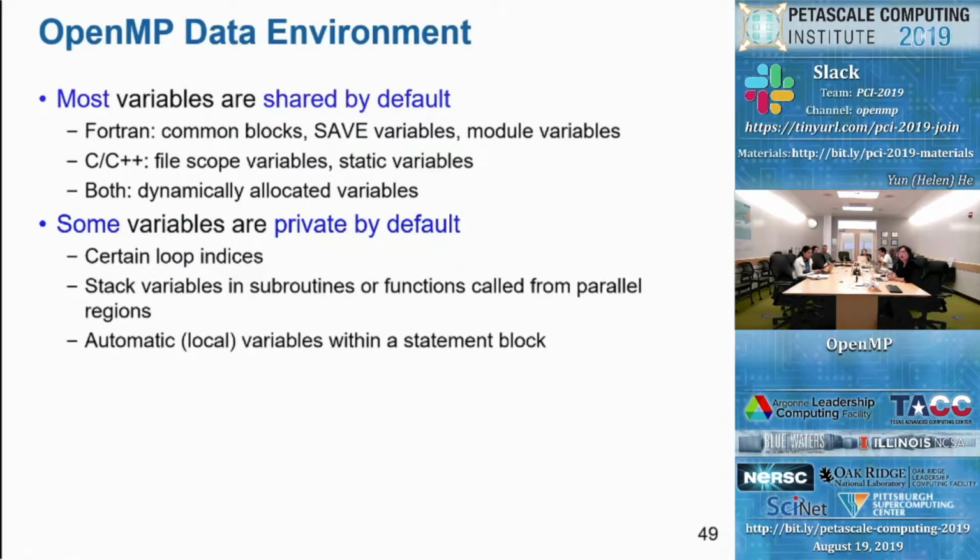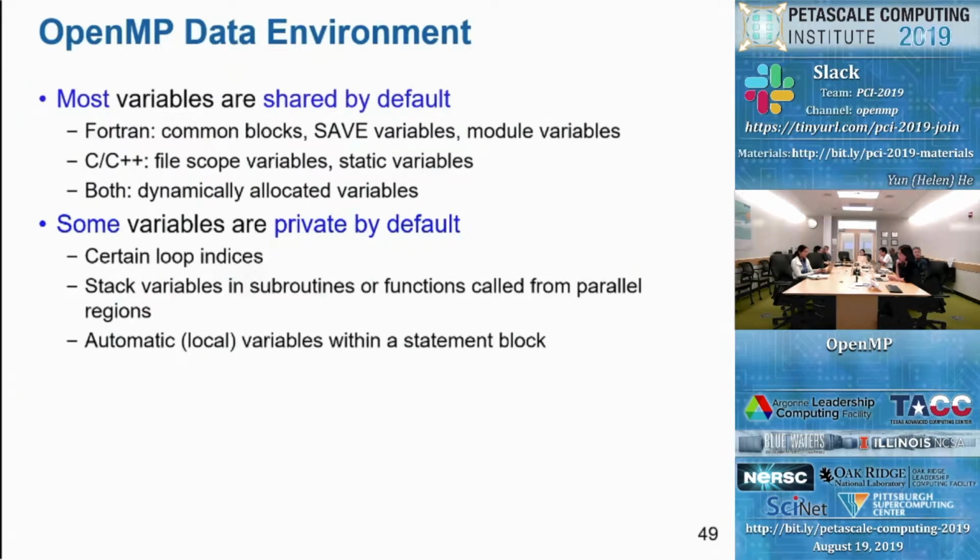Common blocks, for Fortran, the save variables, module variables, and for C++ file scope variables, static variables, dynamically allocated variables. Basically, everything on the heap is mostly shared.